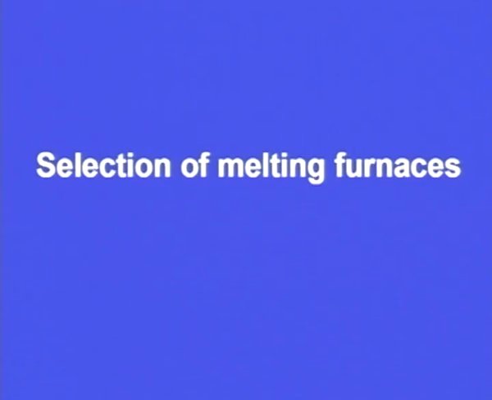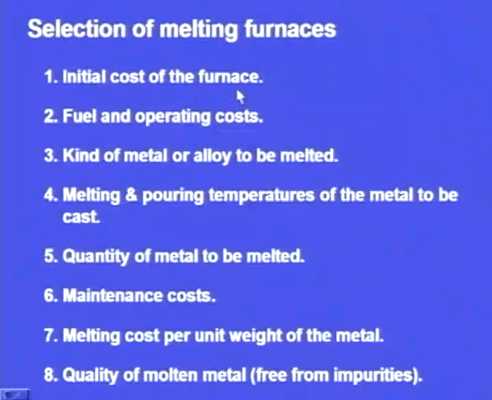Next one, the selection of the melting furnaces. We have learnt some important furnaces, their advantages we have seen, their applications, their demerits we have seen, and what is the criteria for selecting the melting furnaces. First one is the initial cost of the furnace.